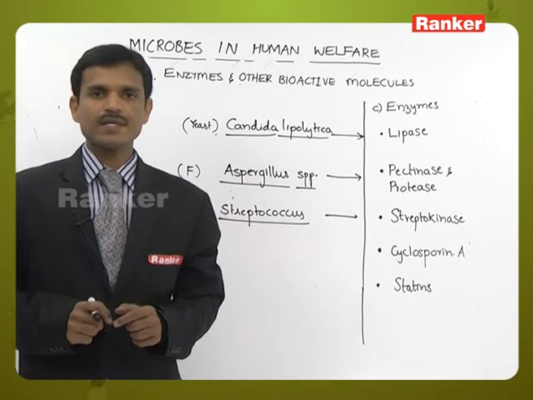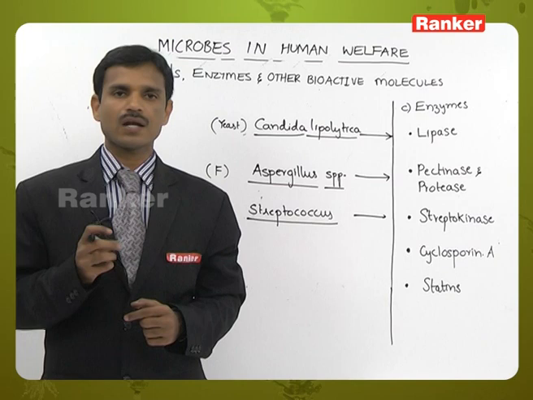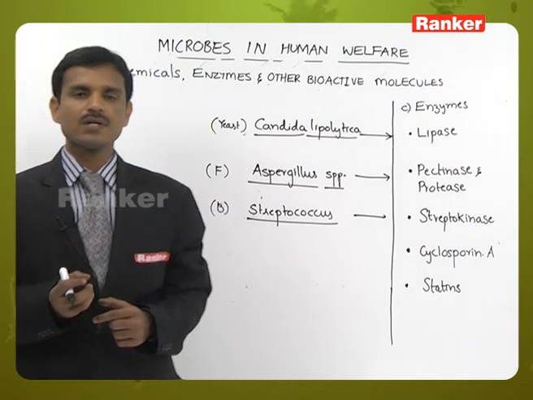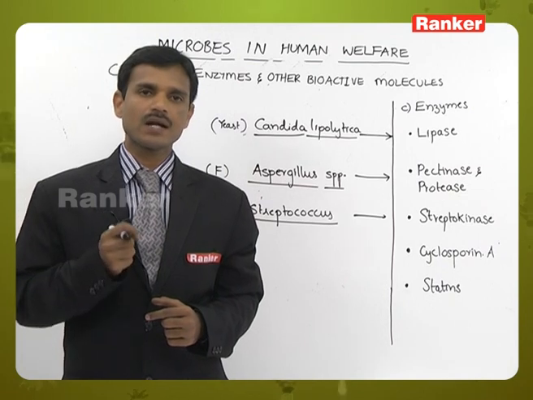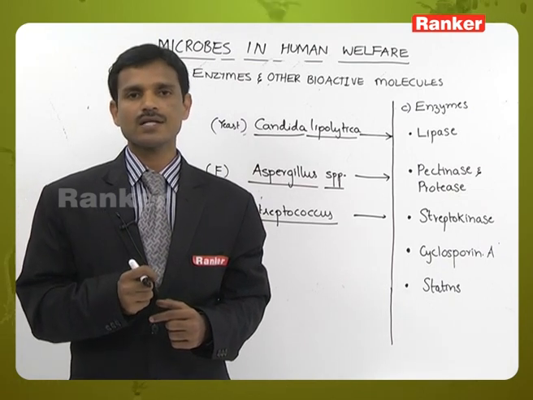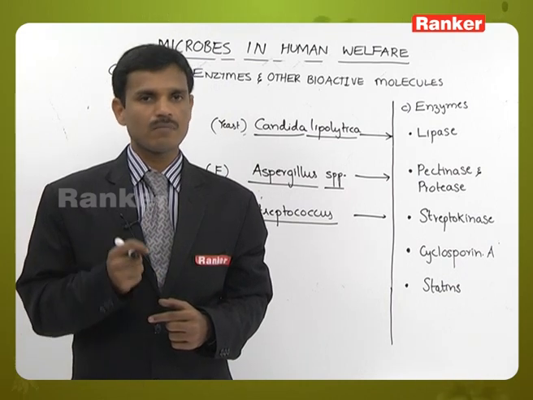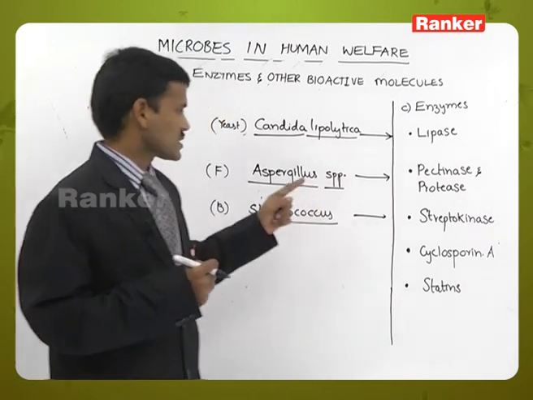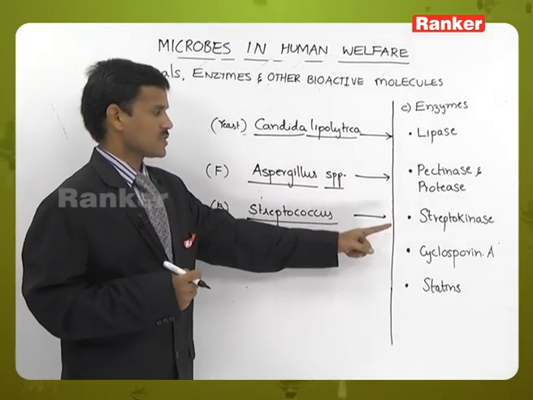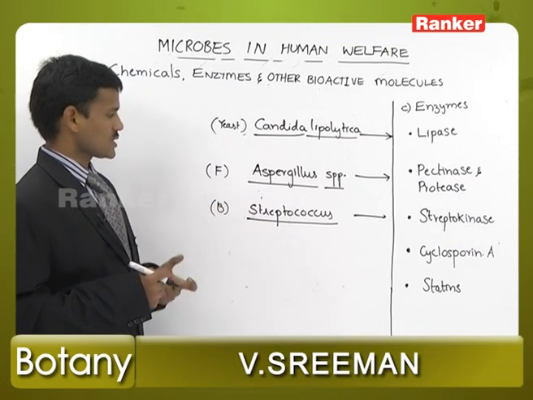So, streptokinase enzyme is used as a clot buster. Clot buster means sometimes in the blood vessels, blood clots are formed. If blood clots are formed, that leads to a heart attack. So, the blood clots are digested by this streptokinase enzyme. Streptokinase enzyme is extracted from Streptococcus bacterium.